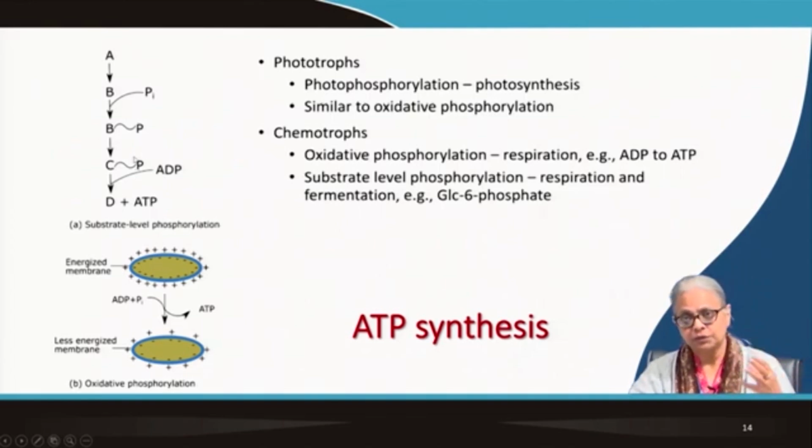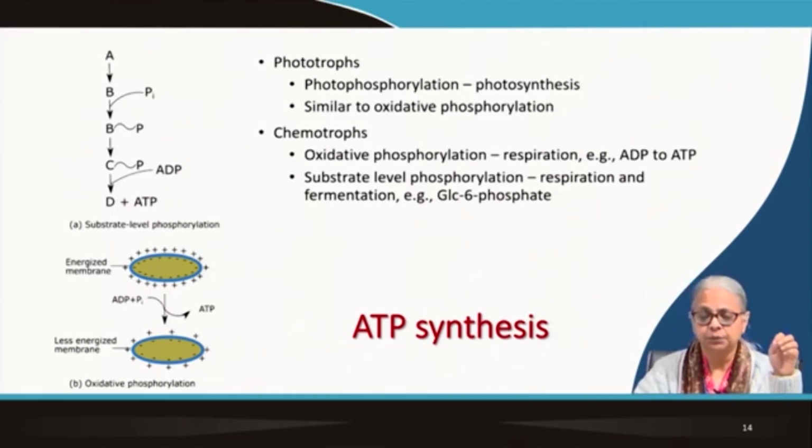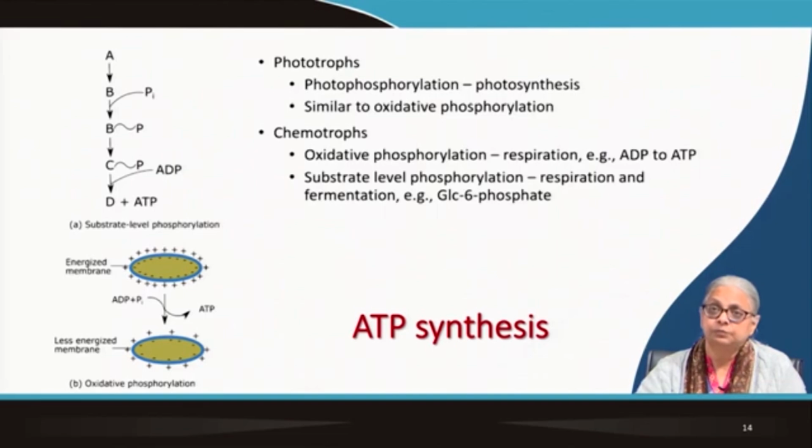So this phosphate that is attached to an organic compound, which is an intermediate in the glycolysis pathway, will then be added to ADP to generate ATP. These are all examples of substrate level phosphorylation, and this is the only thing that fermentative bacteria can do. Then we come to oxidative phosphorylation.